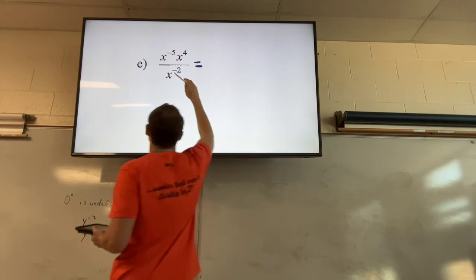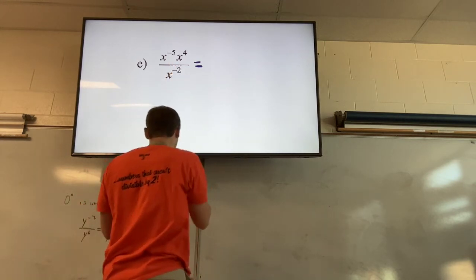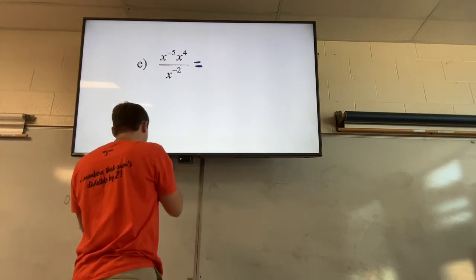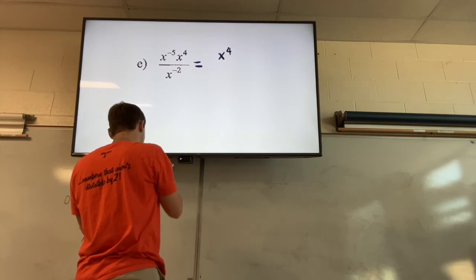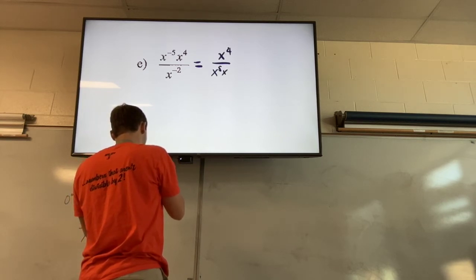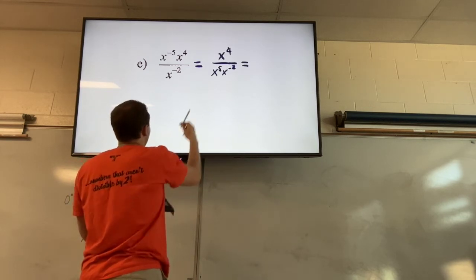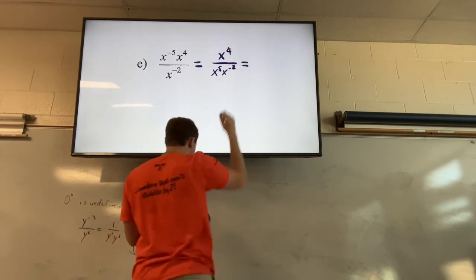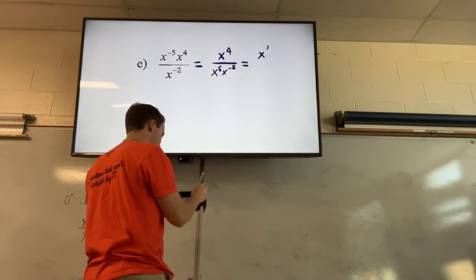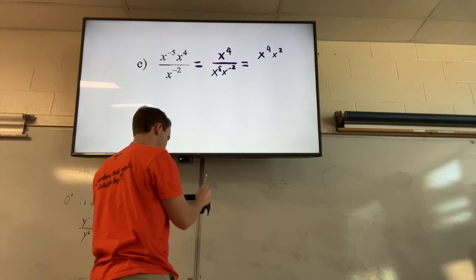One approach is you can think, okay, I've got to move my x to the 5th to the bottom. That becomes positive, right? And then I've got to take my x to the negative 2 down here and move it to the top, and that becomes positive too.